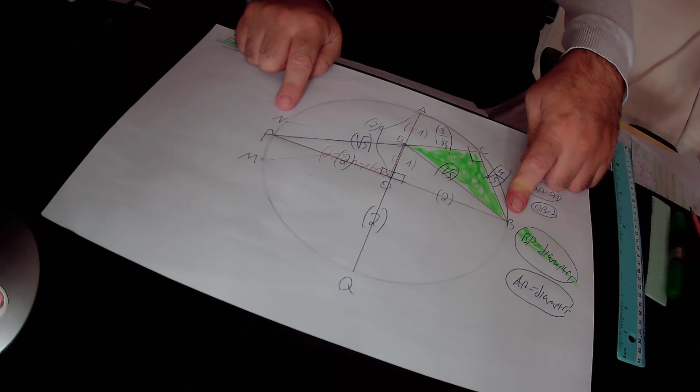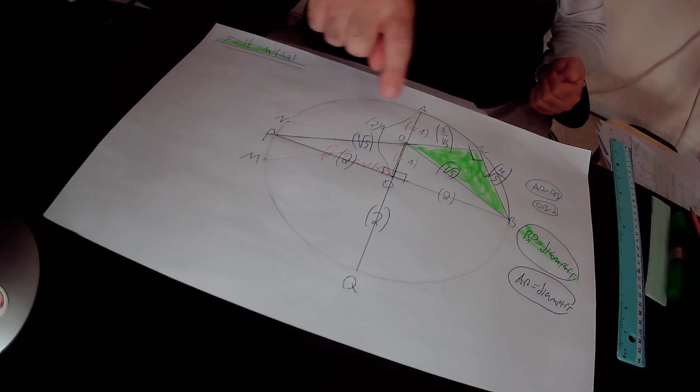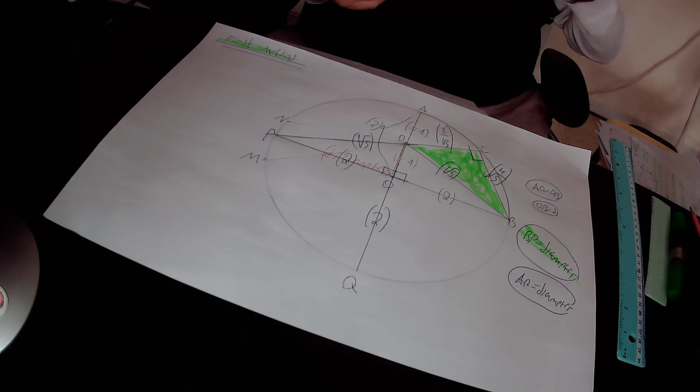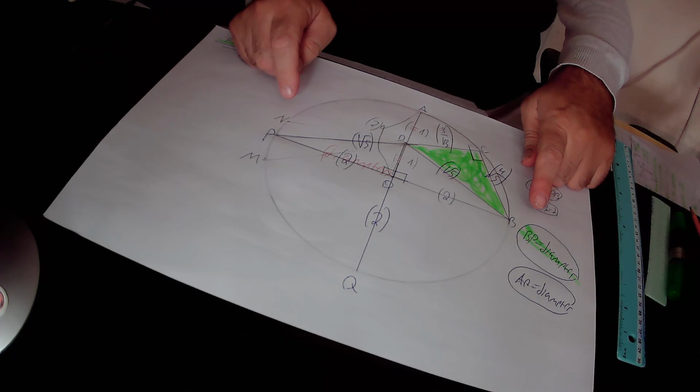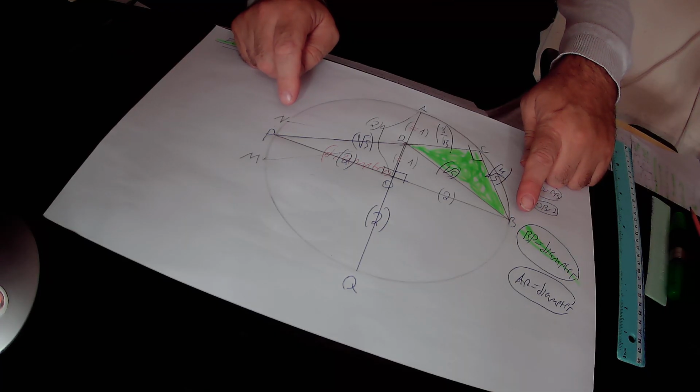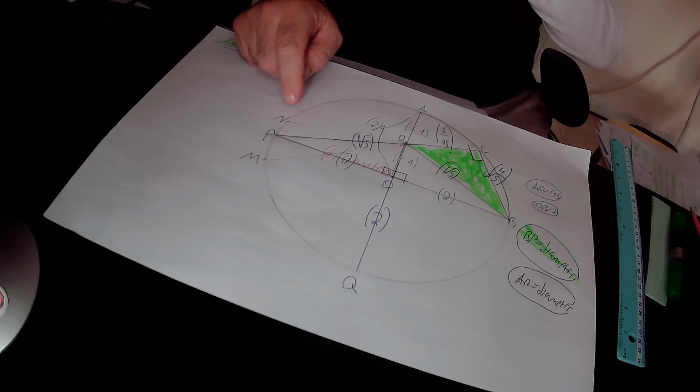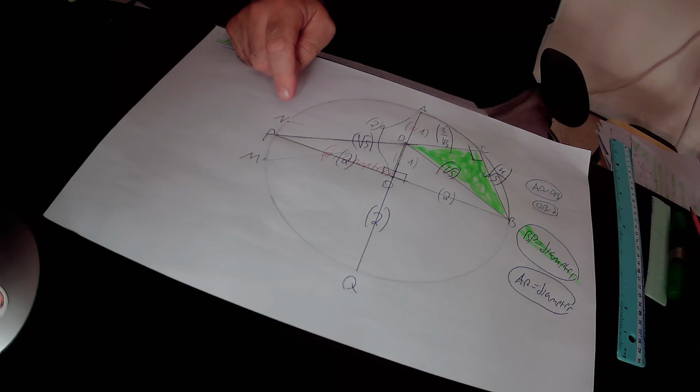So we have here peripheral angle BCN, equal to 90 degrees, and still it doesn't subtend the diameter of the circle because chord BN is not the diameter of the circle. And according to the theorem, any peripheral angle equal to 90 degrees must subtend the diameter of the circle.